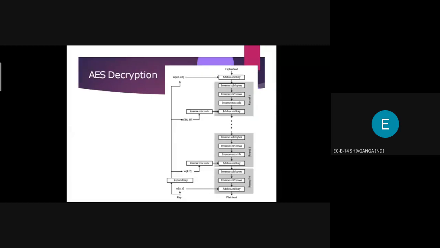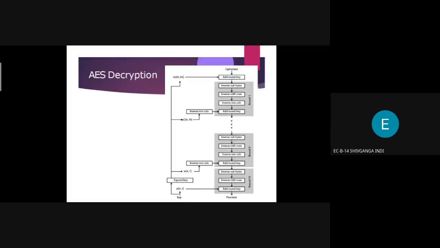So how can we perform the AES decryption? In order to perform the encryption, we use four steps, right? For the decryption, we use the inverse process. In the decryption method, we have to convert the ciphertext into the plain text, so we use the reverse sequence.